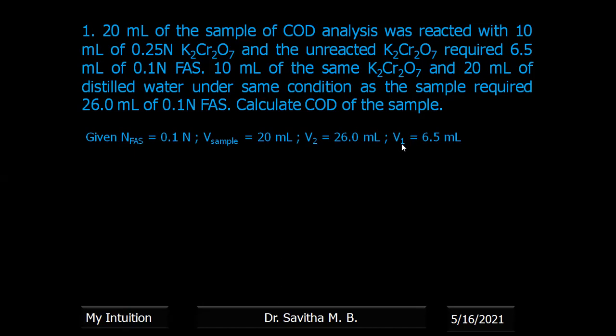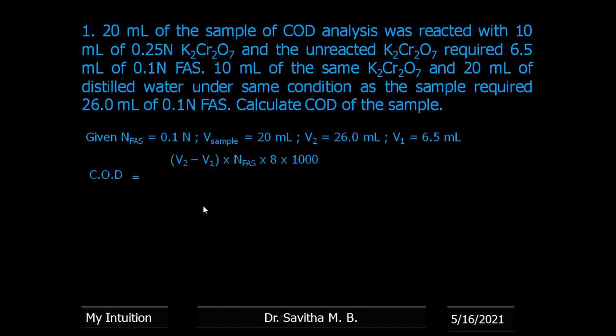Next V1, that is back titer value. Back titer value is associated with the unreacted potassium dichromate, which is titrated with FAS. So here the unreacted potassium dichromate requires 6.5 ml of 0.1 normal FAS, right? So 6.5 becomes back titer value, right?